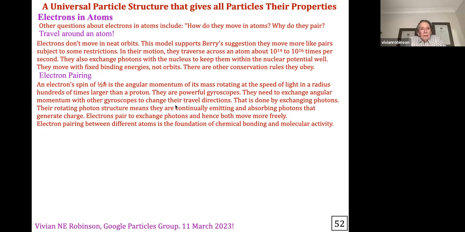So electrons just pair so that they can move freely. Now electron pairing between different atoms, as we know, is the foundation of chemical bonding and molecular structure, and what enables us to build the universe, what is responsible for the world we see around us.